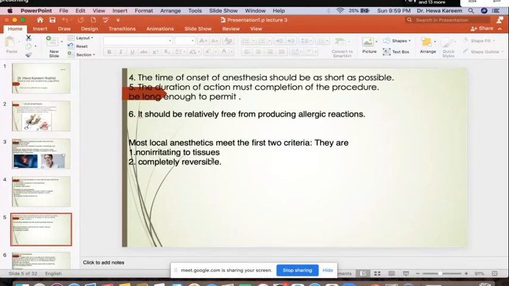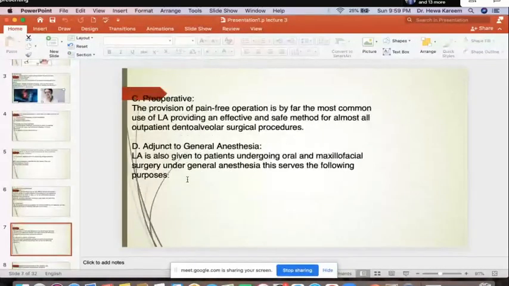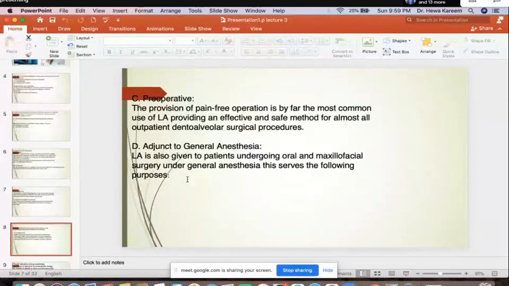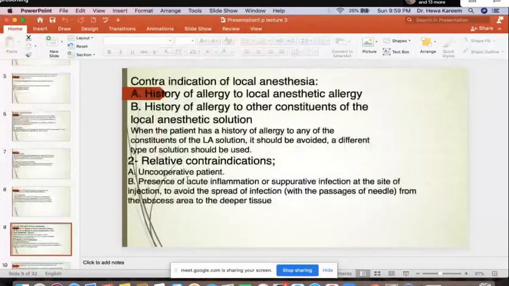Indications for local anesthesia: just diagnostic, therapeutic, pre-operative, just headings, I don't want an explanation. Contraindication for local anesthesia: history of allergy to local anesthesia, or history of allergy to other constituents of the local anesthetic solution.